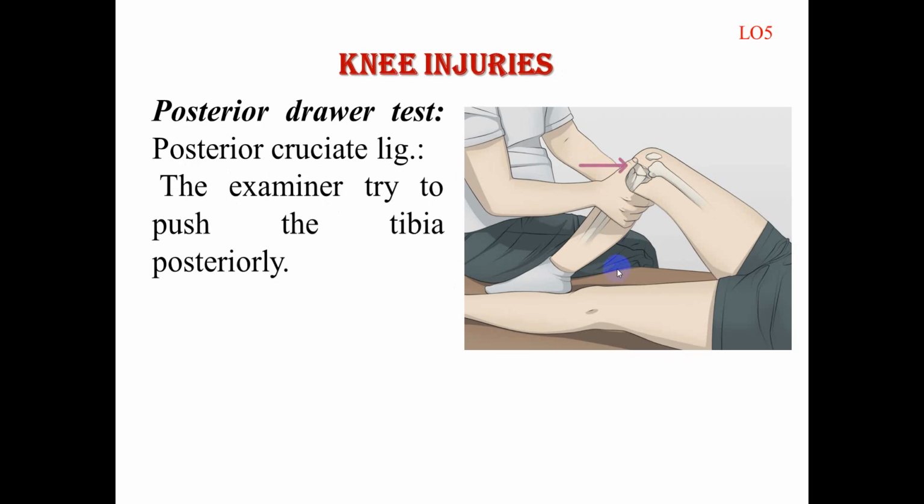The posterior drawer test is for the posterior cruciate, and is usually checked in the reverse direction. I mean, you push the upper tibia backward to assess how much it slides on the femoral condyle. This is a simple way of how the anterior and posterior drawer tests are done.